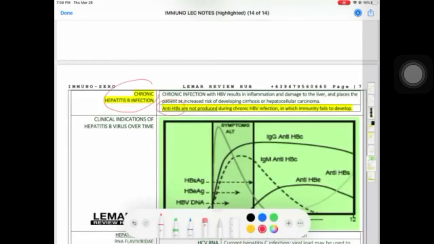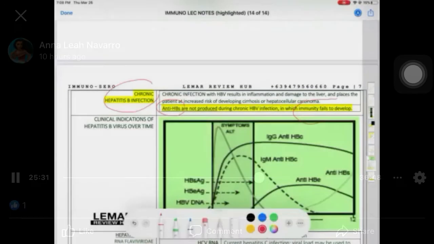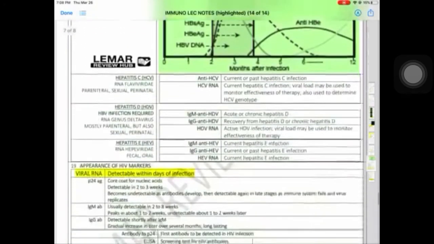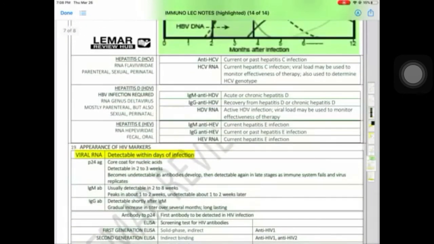Kasi yung mga patient with cases of chronic Hep B, hindi po sila nag-develop ng immunity to Hep B. So, although may anti-HBc, walang formation ng anti-HBs in chronic Hep B virus infection. Another yung mga different markers for Hep C, Hep D, and Hep E.